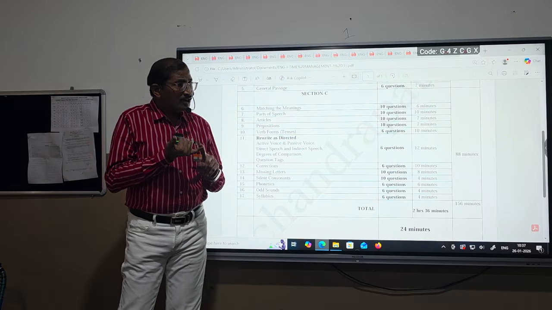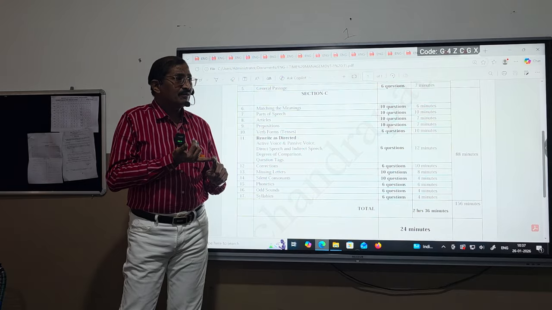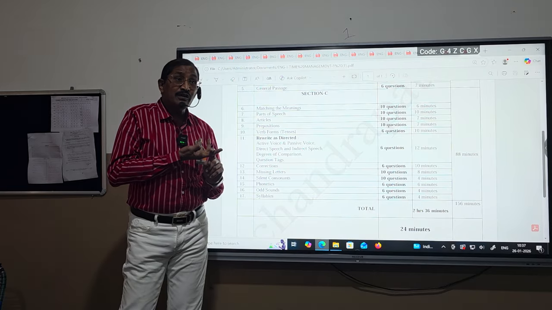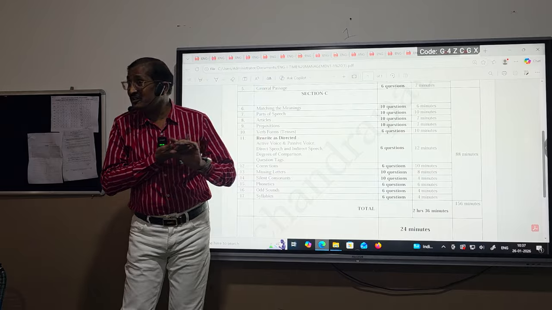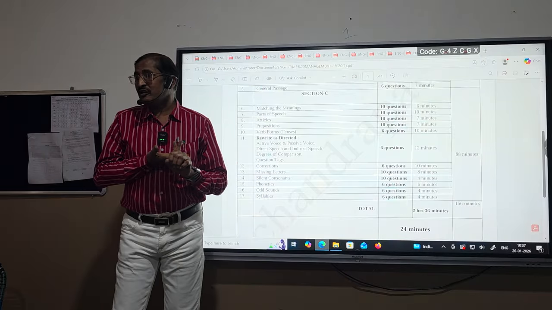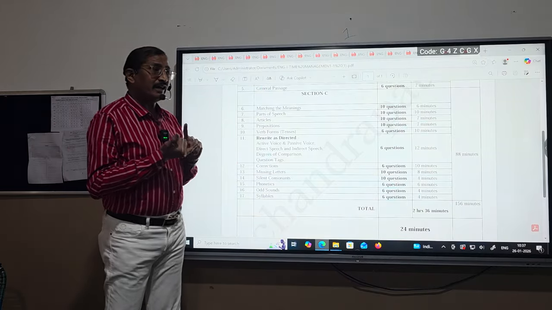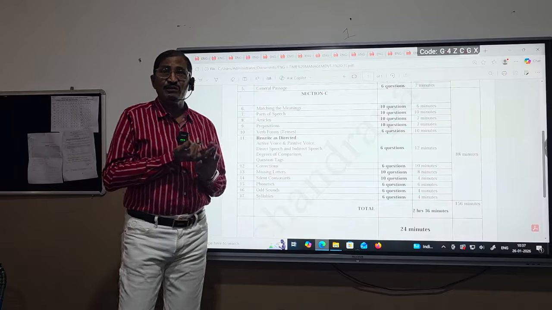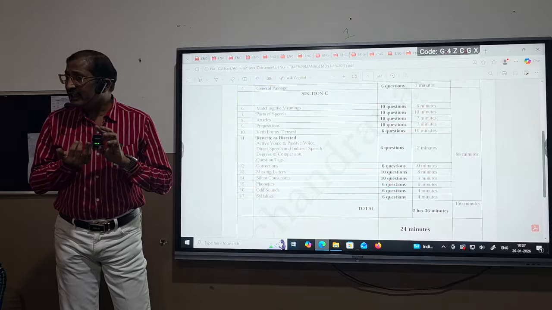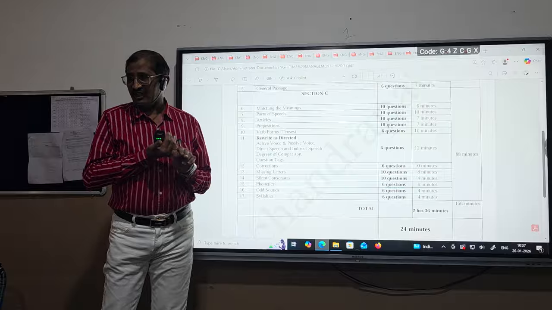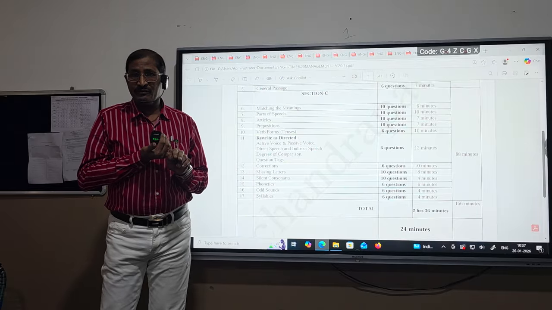You can have violet color, orange color, blue. You have 3-4 different shades with it. Yes, you can use it. But don't go for red or green because red is used for correction, green is used for gazetted signatures. We cannot go for it.